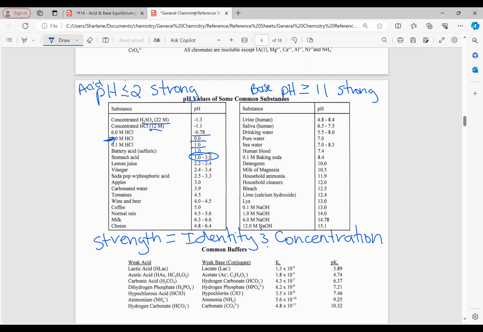Now, lemon juice, for those of you that love lemons, which I am in that category, I love to eat them, is somewhere between 2.2 and 2.4, which is still a fairly strong pH. That's a pretty strong pH. It will eat the enamel off of your teeth. Ow. Okay. All right.